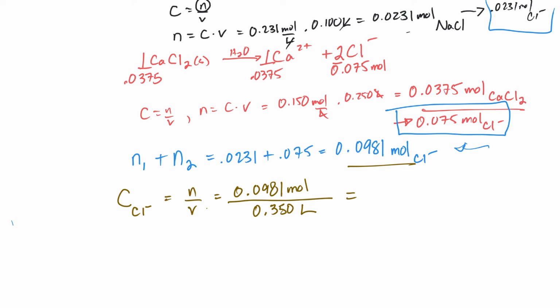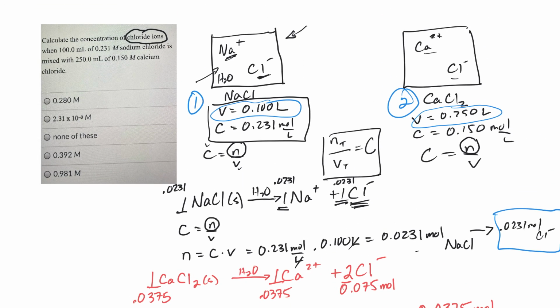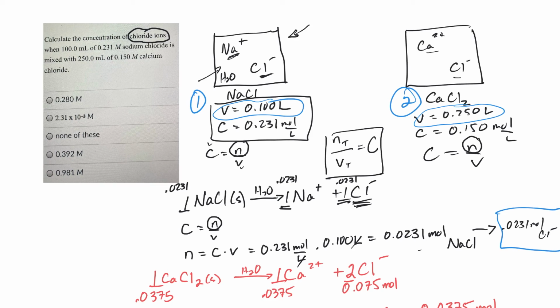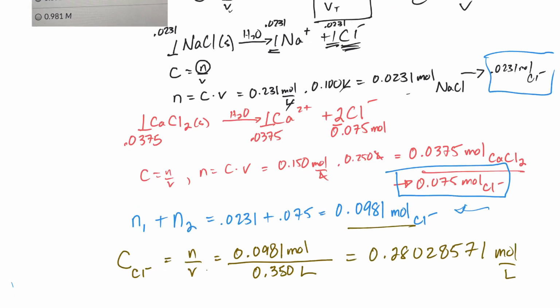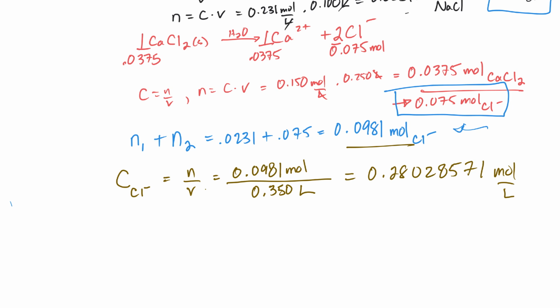Okay, let's divide those and hope that number's on the multiple choice. 0.0981 divided by 0.350 is 0.28571 moles per liter. Sig figs, let's go back and look at that. 4, 3, 4, it looks like 3 is my weakest link, so I need 3 sig figs. 0.28, and since this next digit is less than 5, we'll leave it at 0.280.